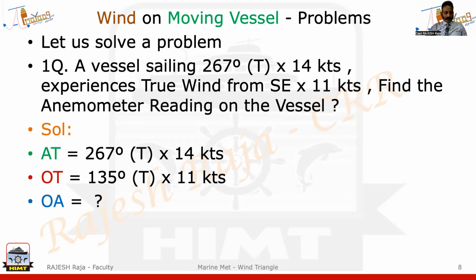Now, how do you normally start? You'll have to start with what is given to you. And whenever ship speed and the course is given, please start with that. Why? Because you'll be able to draw both the grids at alpha and tango. Now, before you put this in your paper with alpha and tango, a small word of caution, you should decide where I should draw this AT on the paper.